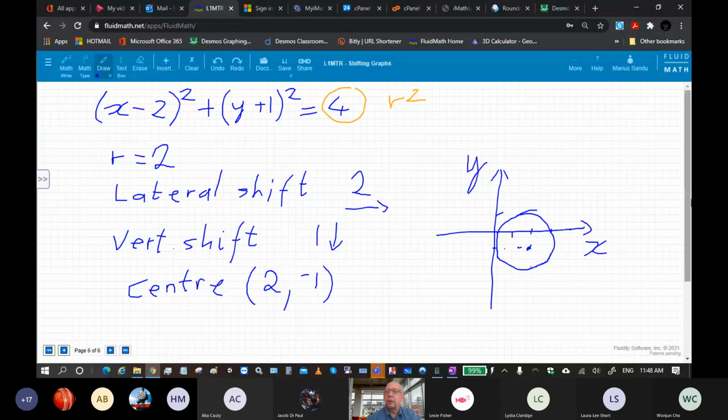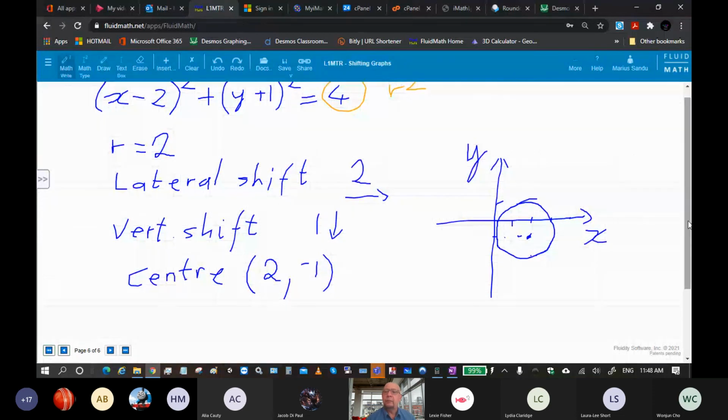So my equation was again x minus 2, y plus 1. So I've got x minus 2 to the power of 2 plus y plus 1 to the power of 2 is equal to 4.